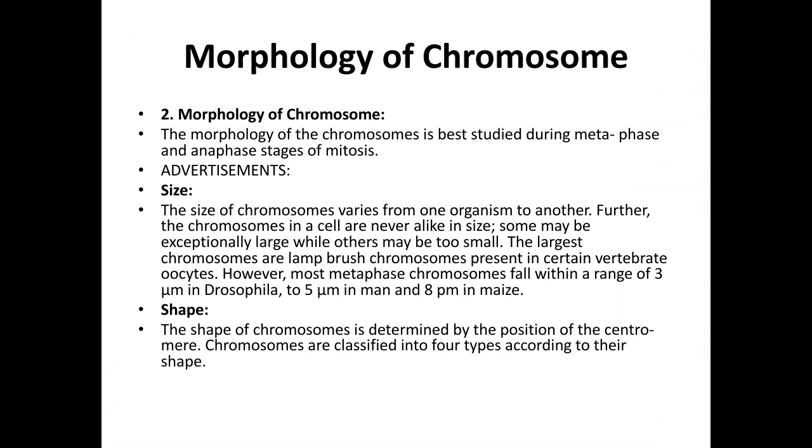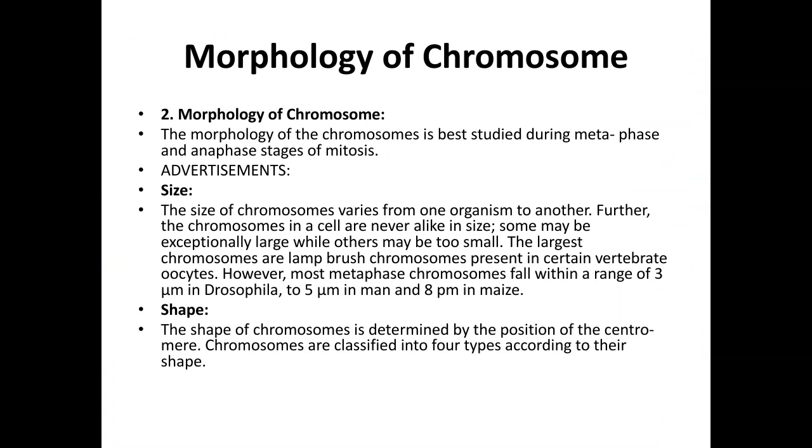The size of chromosome varies from one organism to another. Further, the chromosomes in a cell are never alike in size. Some may be exceptionally large while others may be too small. The largest chromosomes are lamp-brush chromosomes present in certain vertebrate oocytes.